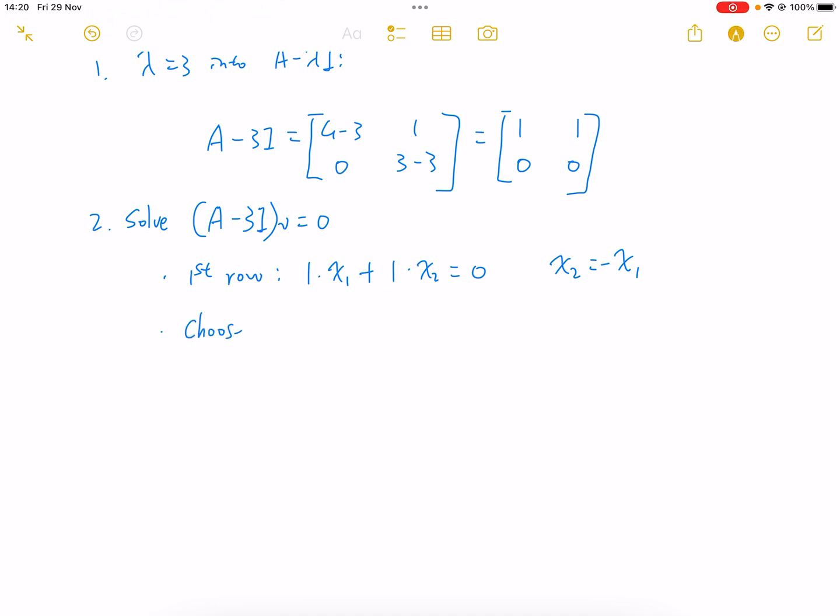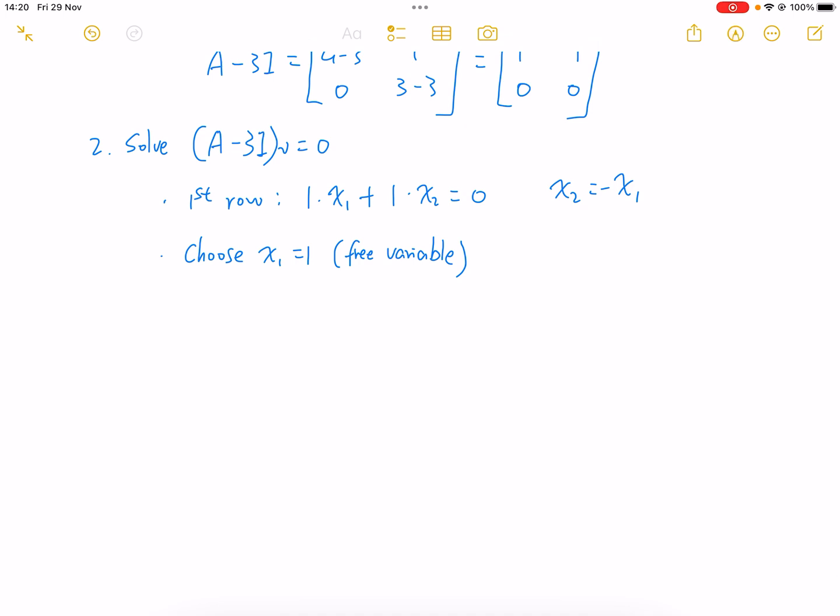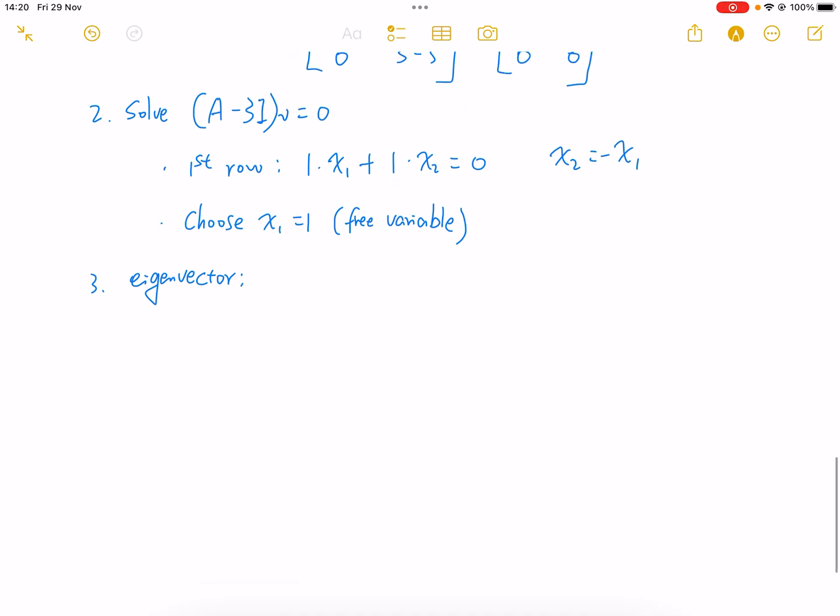We can choose x1 equals 1 as the free variable, and the eigenvector is v2 equals 1, negative 1.